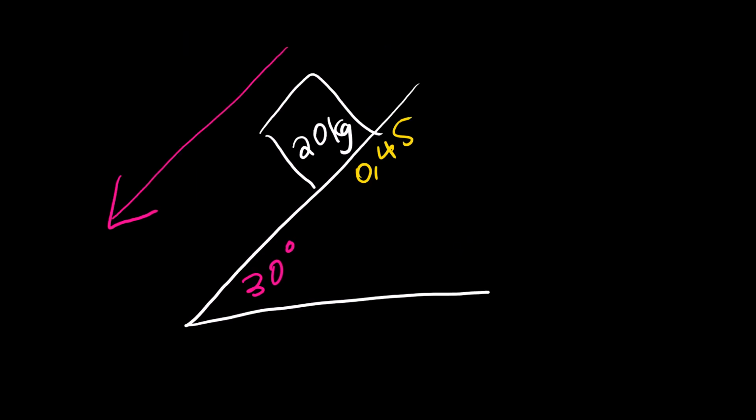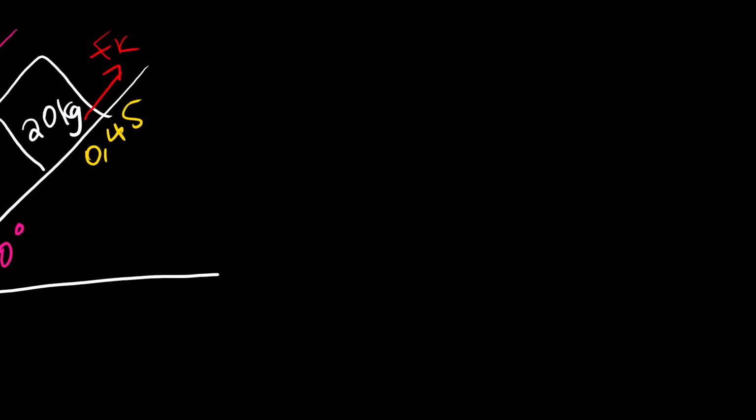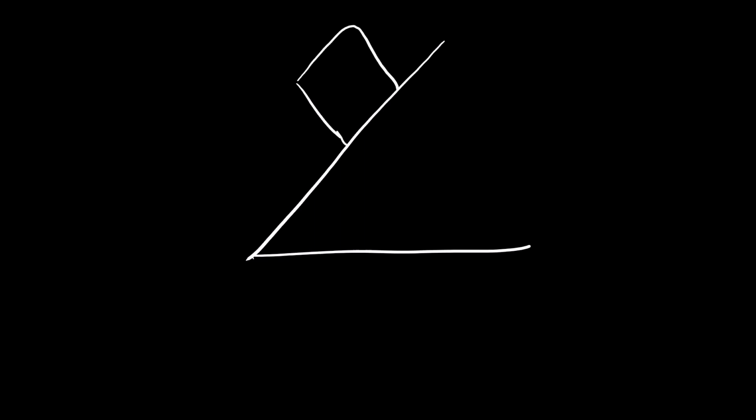Our next example is this one, whereby we have an object on top of a ramp. Now we know that the kinetic friction is in this direction, but before we look at this particular example, let us look at an equation. If you master all the equations of normal force, then it's very simple to calculate the kinetic friction.